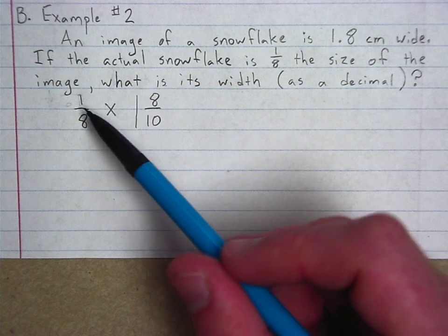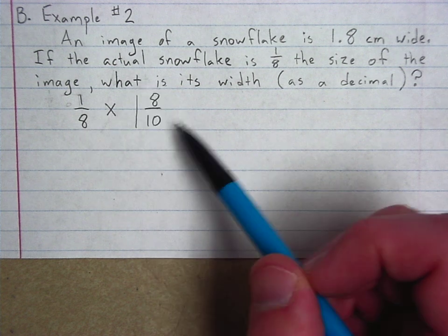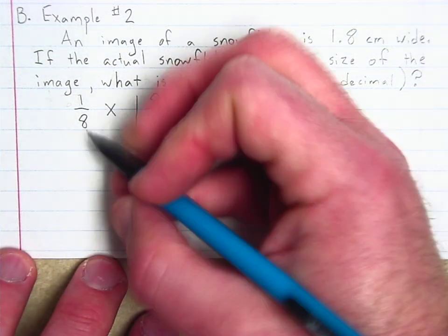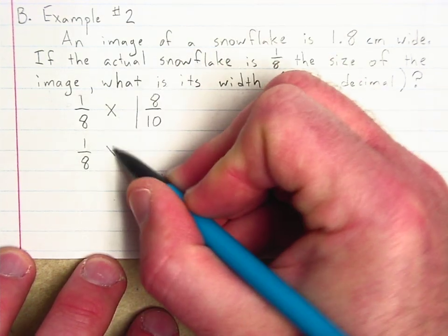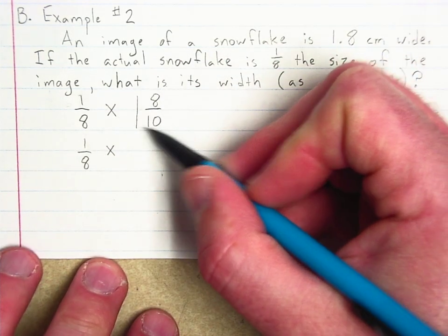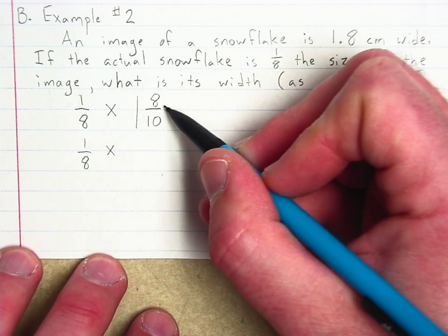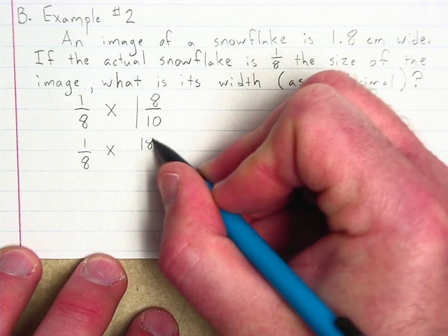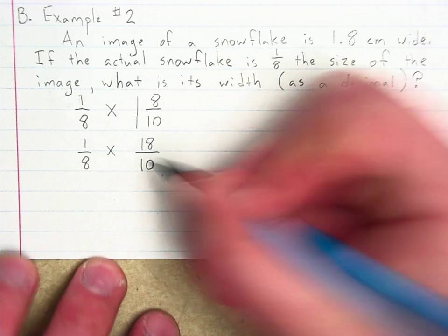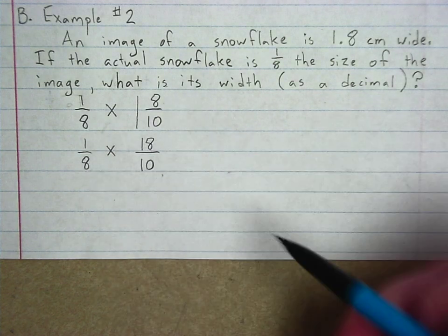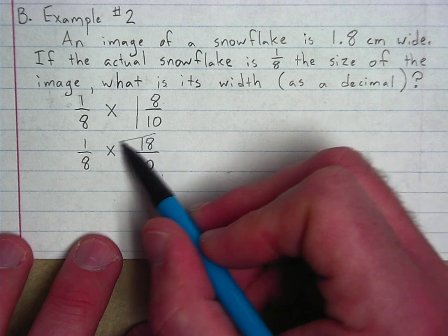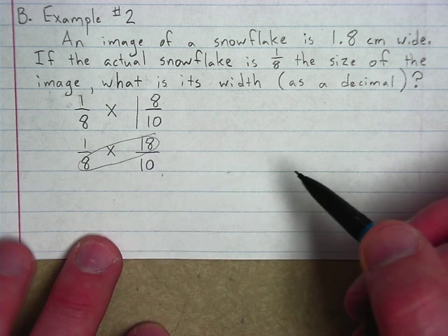But for me, I'm going to look at this and say 1/8 times 1 8/10. And I know that that would be the same as 1/8 times 10 times 1 is 10, plus 8 is 18 tenths. 1/8 times 18 tenths. I can cross cancel, which you know I love.